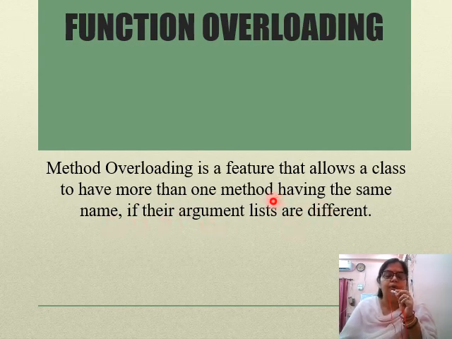Means in a single program you can make different functions with the same name, but you should pay attention that the argument list should be different. The argument list should not be the same.